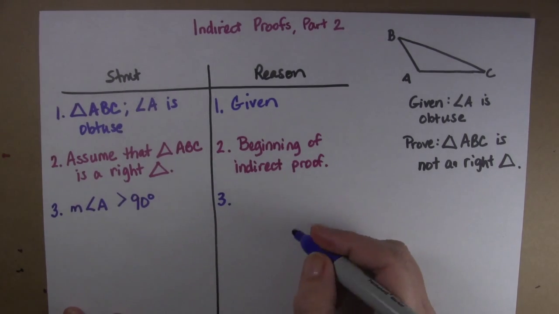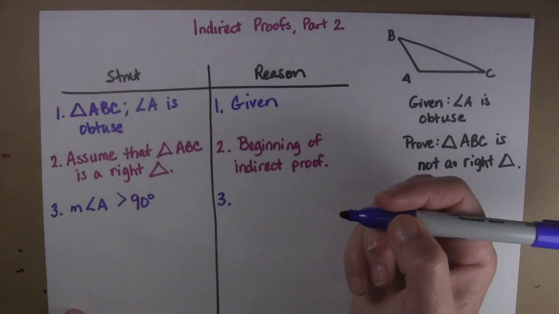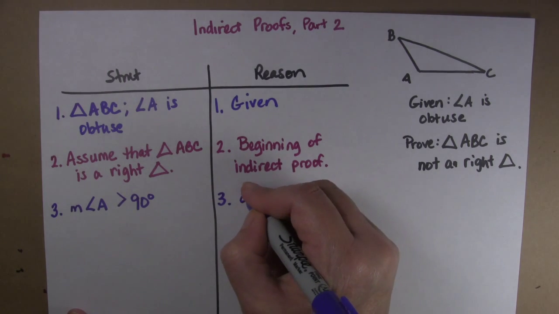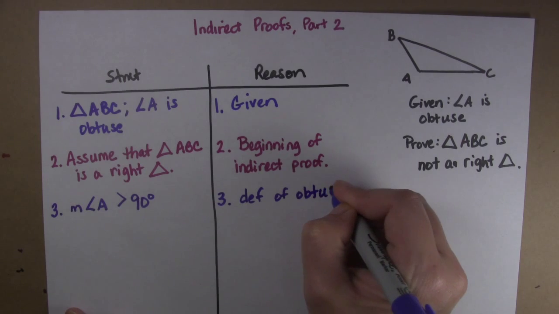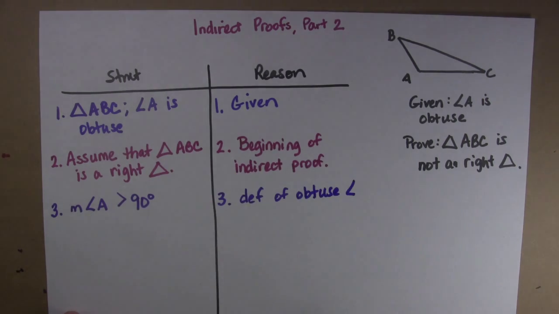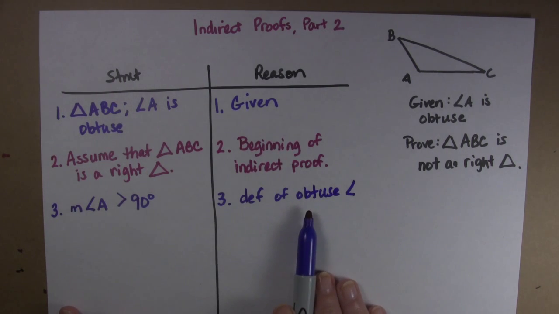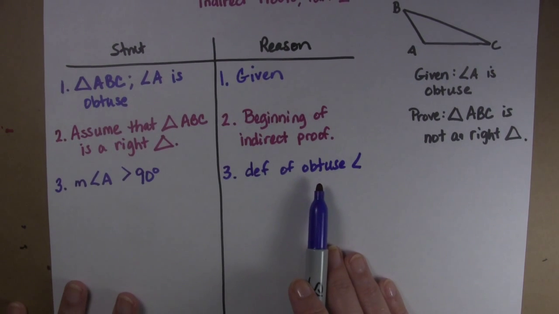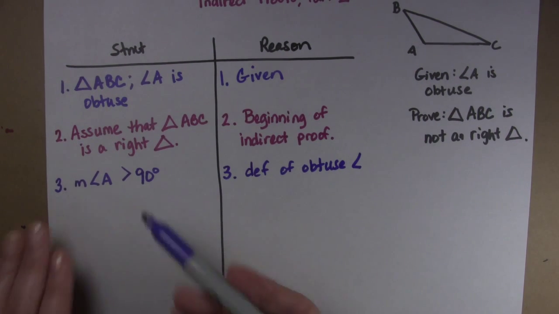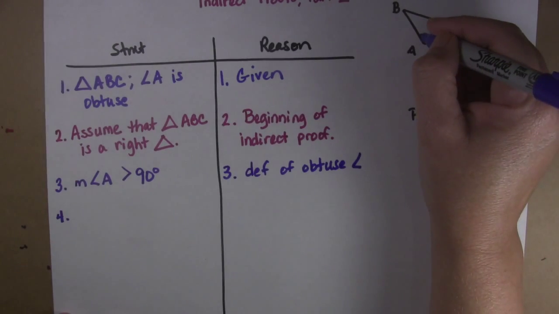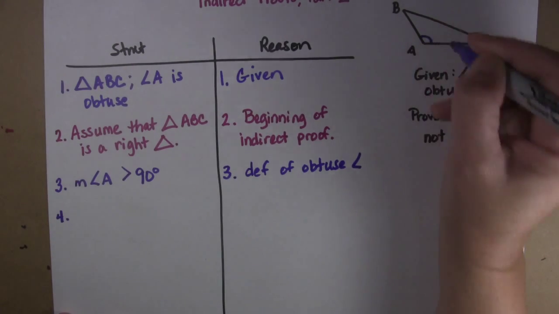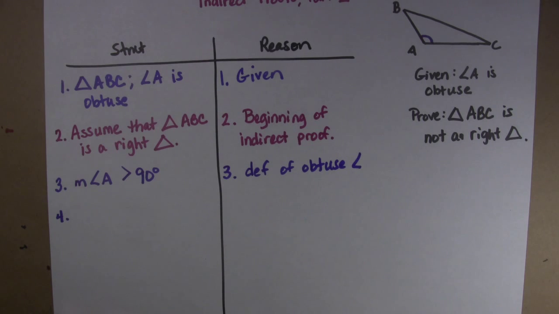And my reason here, can you think of the reason? It's the definition of an obtuse angle. We have written in our notes that an obtuse angle is one with a measurement of greater than 90 degrees. So that's what I've done there. I know that this angle right here is greater than 90 degrees.